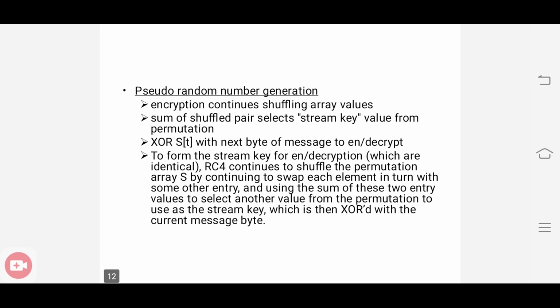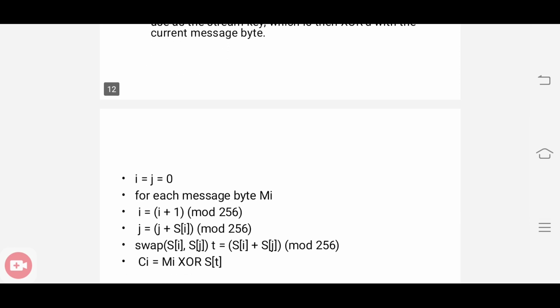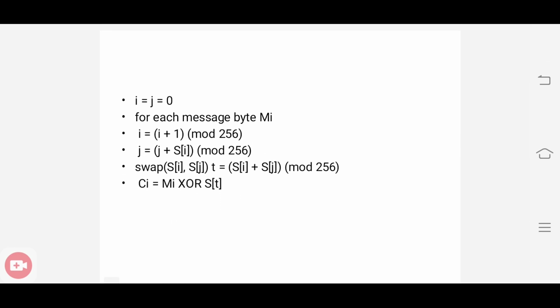In the second part, the pseudo random number generator, we generate the key stream using a permutation function. After that we perform encryption by XORing the plain text with the key stream. For pseudo random generation, first we initialize i and j as 0.